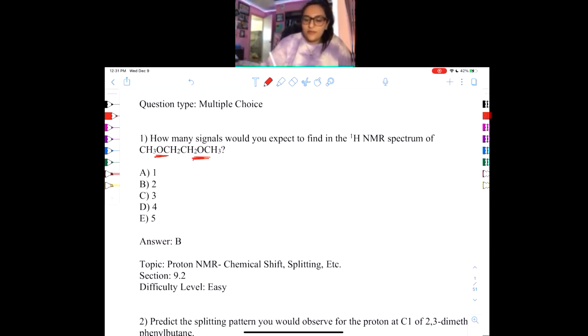Yes, we have ethers. So if we have something that looks like so, two carbons on either side of an oxygen, we are going to have two ethers.